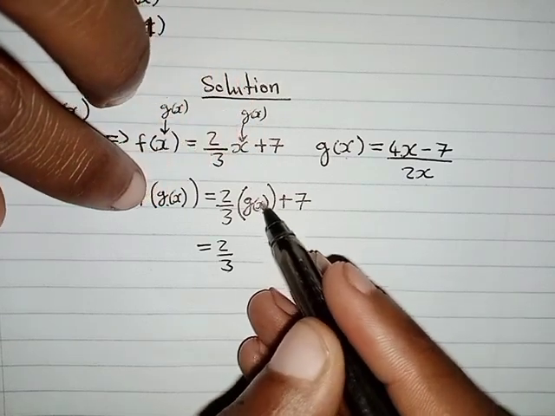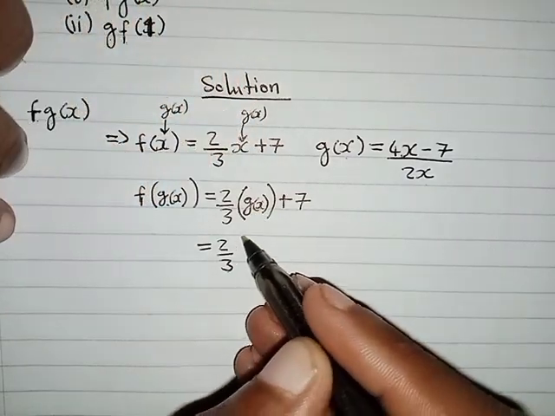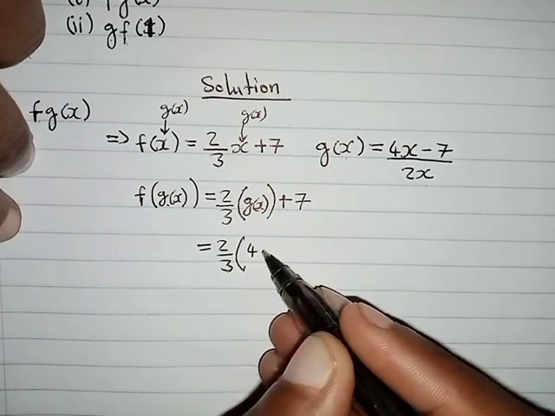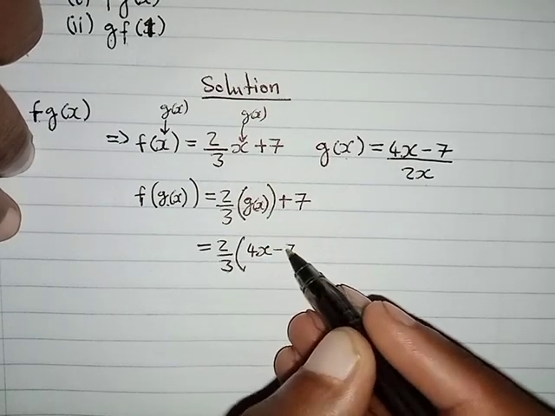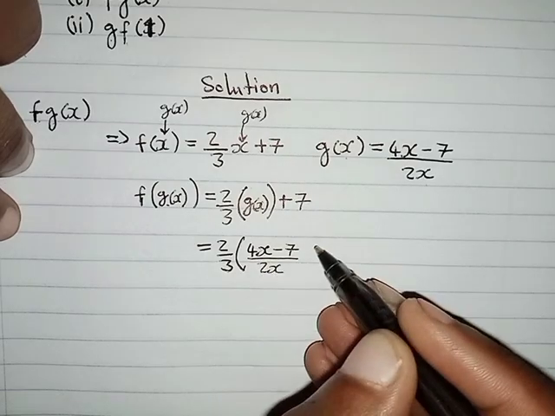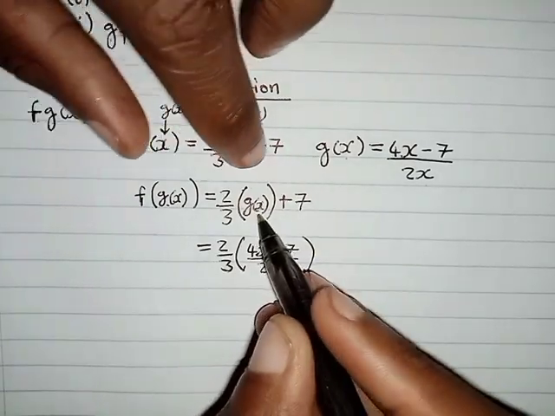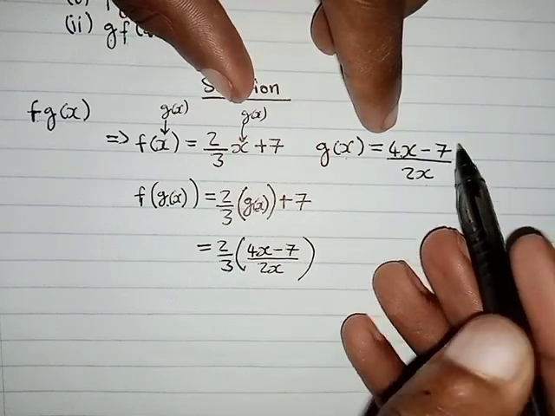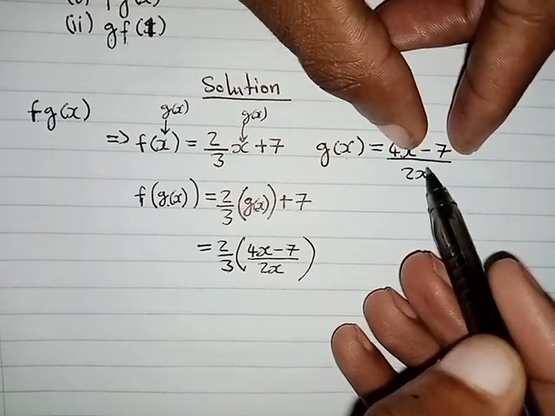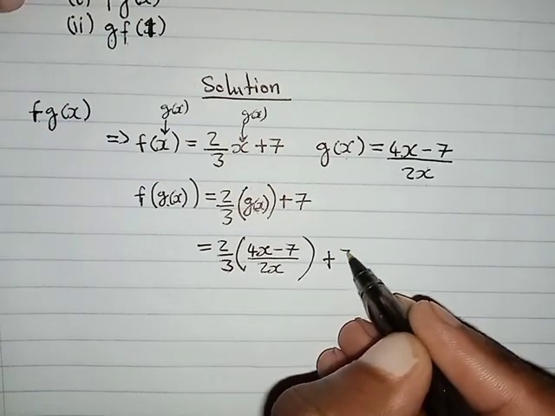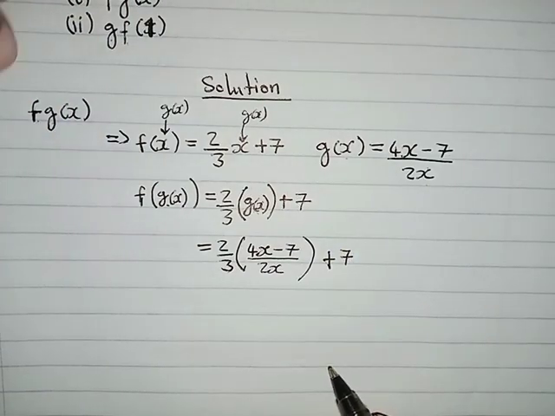So when we remove this g of x, we should have 4x minus 7 over 2x. This g of x is just a notation, but the actual function is this one. So we replaced it here, then we complete with the 7.